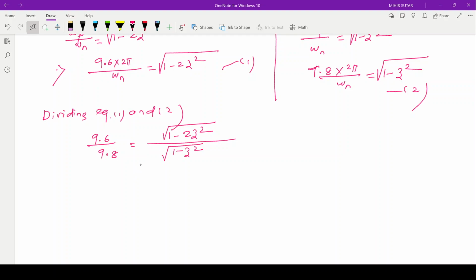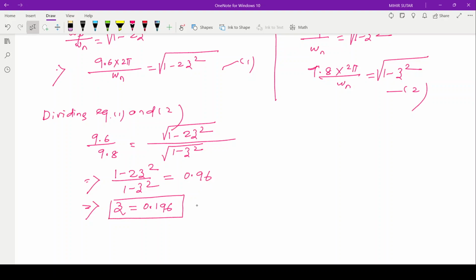Okay, so I can write this as 1 minus 2 zeta square by 1 minus zeta square is equal to 0.96 if you simplify, and you will get the value of zeta equal to 0.196. Damping factor is 0.196.